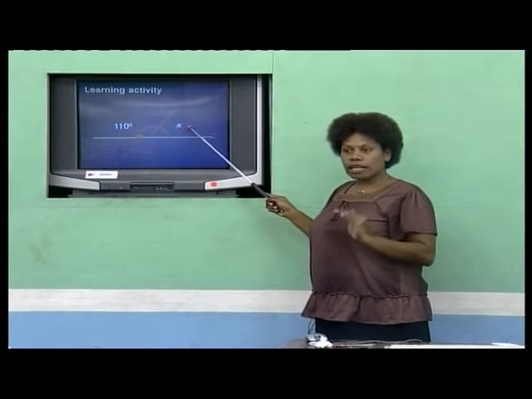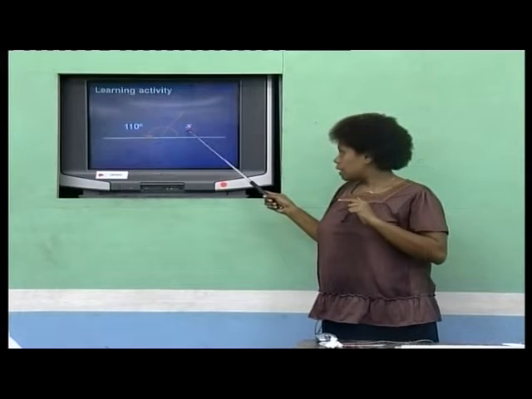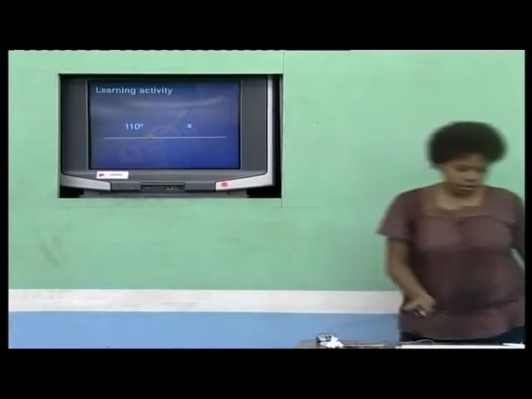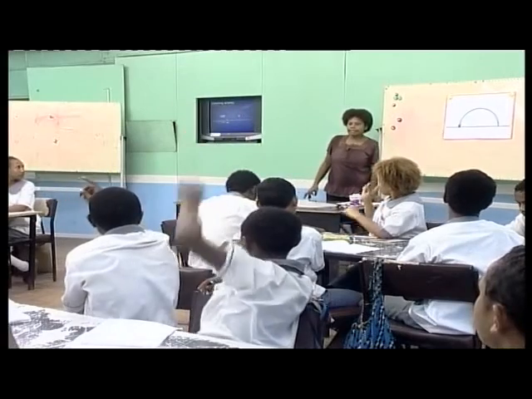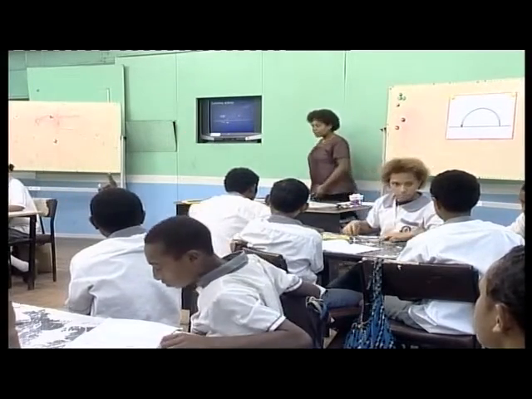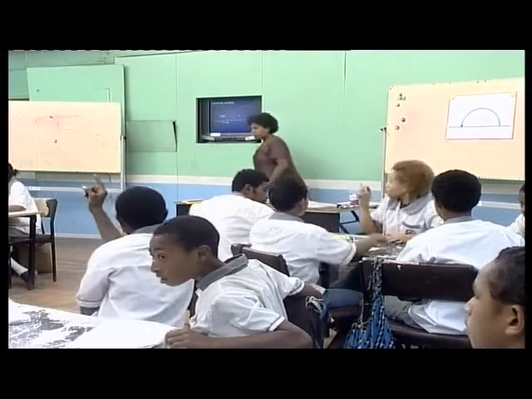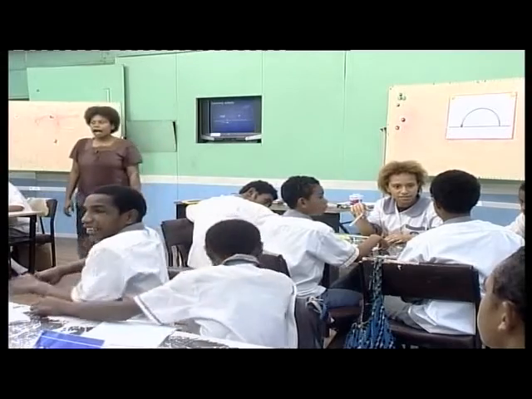This is an acute angle. What would be the size of this acute angle? I'd like you to work it out, and make sure you tell the class how you got your answer. Don't just give your answer. You must explain how you got your answer.